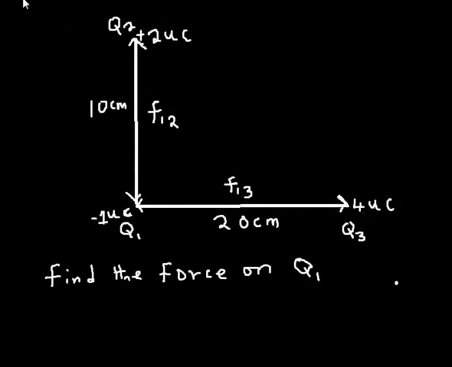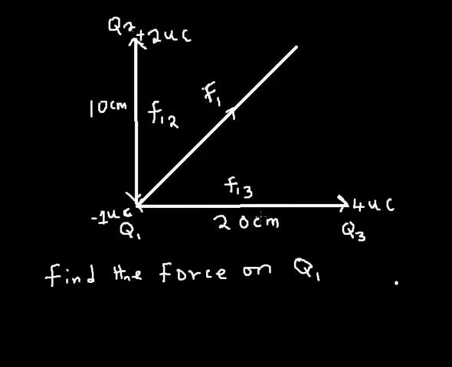So of course, in vector addition, when the two vectors are perpendicular, the resultant of these forces on Q1 is just this line that is cutting F12 and F13. This is going to be my resultant F1, the resultant of the vertical force and the horizontal force.